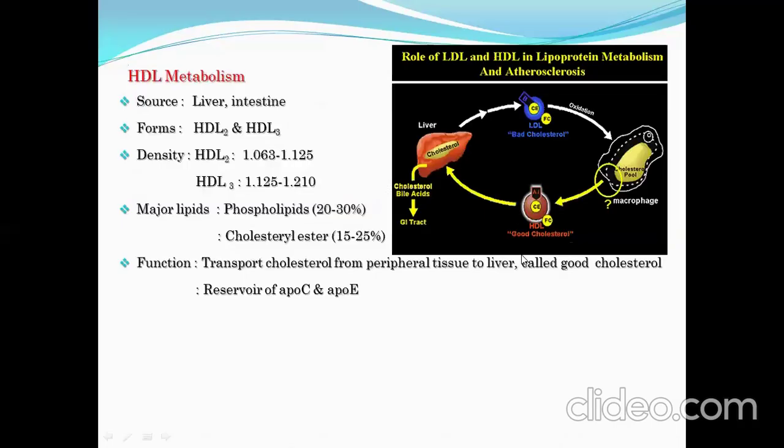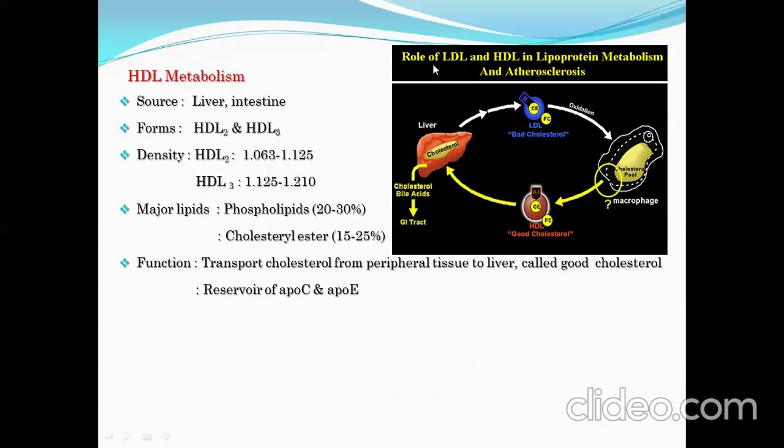Coming to HDL metabolism. HDL is the so-called high density lipoprotein. You can also call it highly desirable lipoprotein.